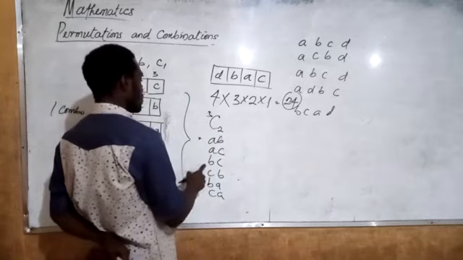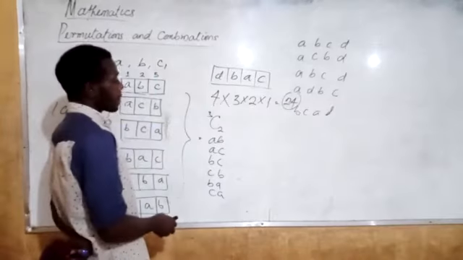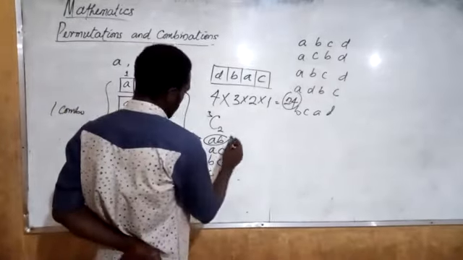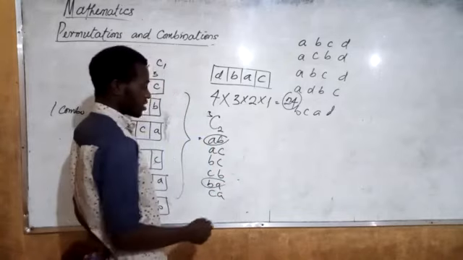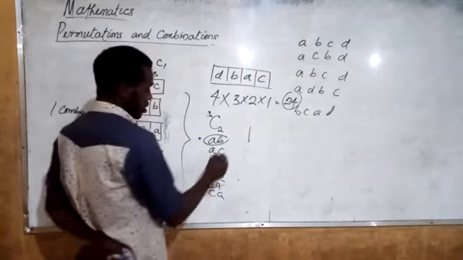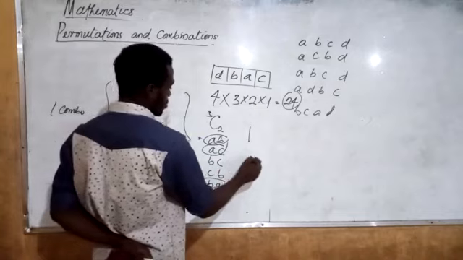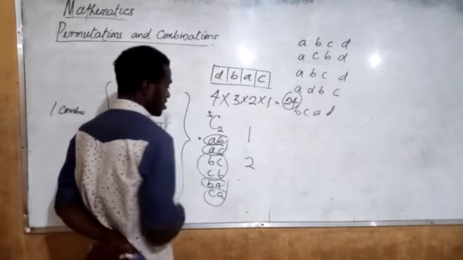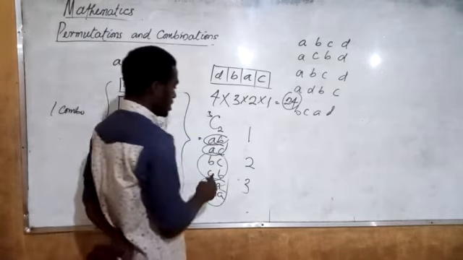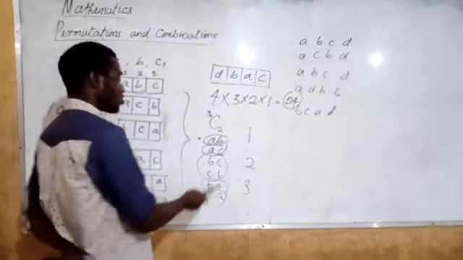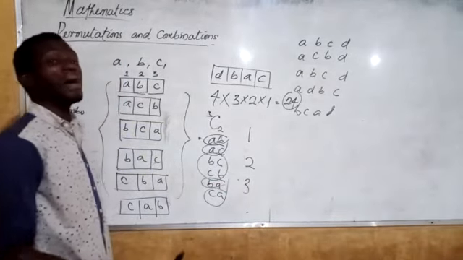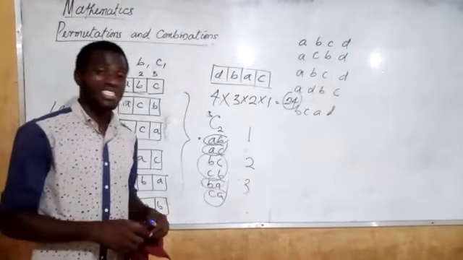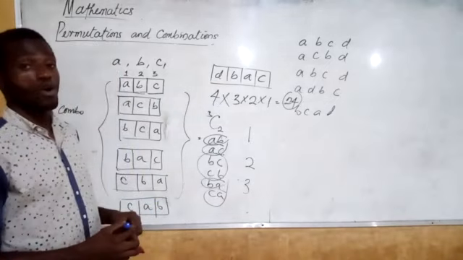These are 1, 2, 3, 4, 5, 6 permutations. But how many combinations? AB and BA are the same, so that is 1 combination. AC and CA are the same, that is 2 combinations. BC and CB are the same, that is 3 combinations. All that does not matter to us. As far as we are using the same entity, we have combined the same thing. So that is the difference between permutation and combination.